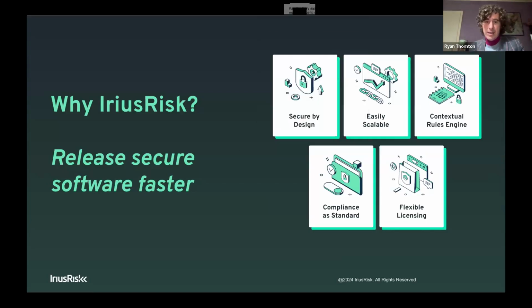And we are a security company, so I do need to always keep everything updated. We are secure by design. It's very scalable, automated threat modeling. Automated's in the name, which generally means scalable. The secret sauce, the magic, is the contextual rules engine, and it really aids with compliance as a standard.